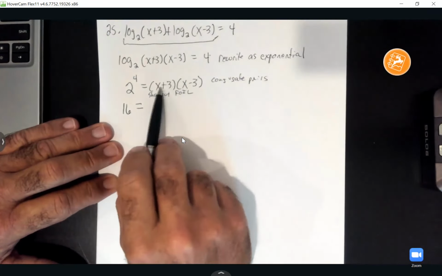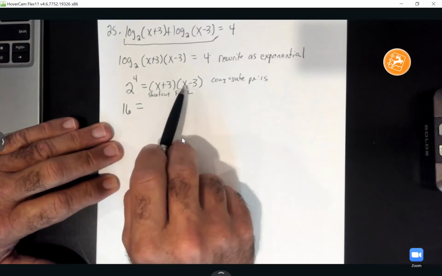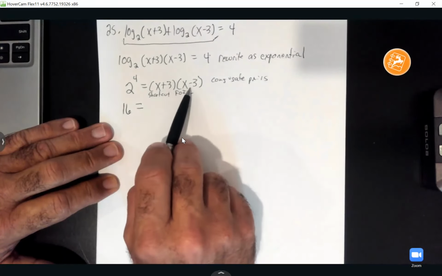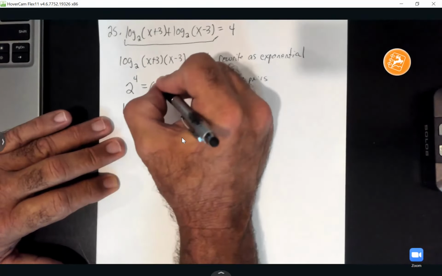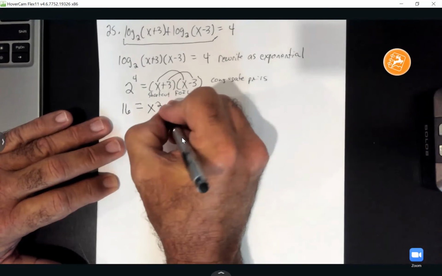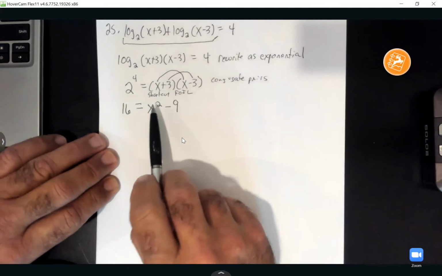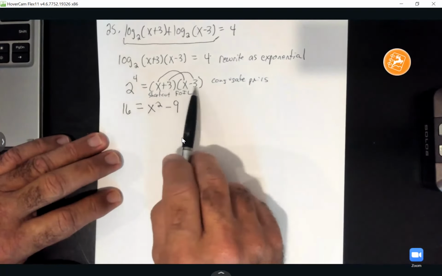Because anytime you got these conjugate pairs where they match up everything except for one's being added, one's being subtracted, all we got to do is this. X times X and get our X squared. And then the 3 times -3 will be -9. So if you got an X plus 5, X minus 5, you're going to get an X squared minus 25.